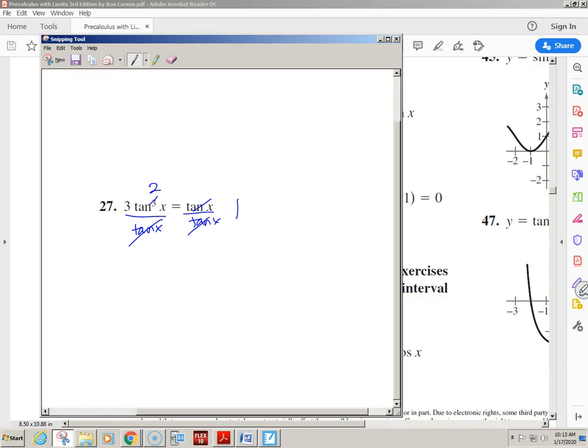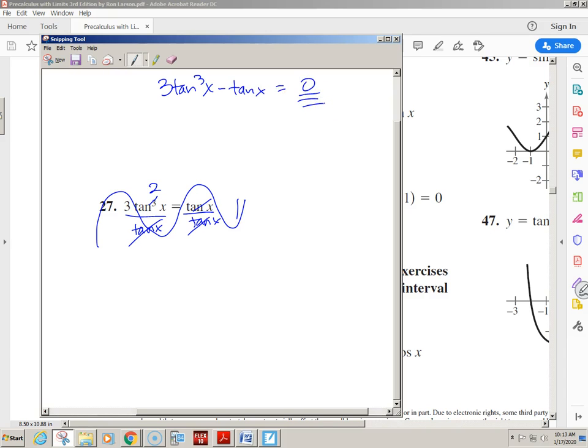You're just going to miss out on some of the solutions and only find some of them because you just ignored that tangent, basically. So the other way, to not skip over some solutions, maybe that's the best way of saying it, to not ignore anybody, would be to get everything to one side by subtraction to get that equals 0.